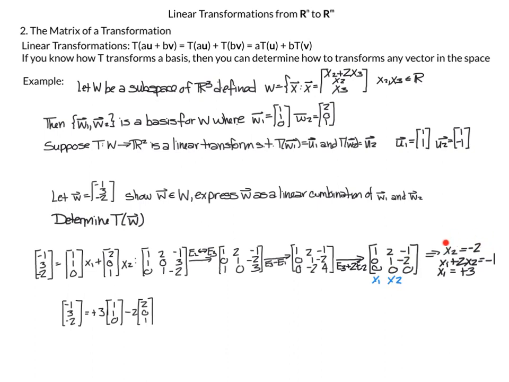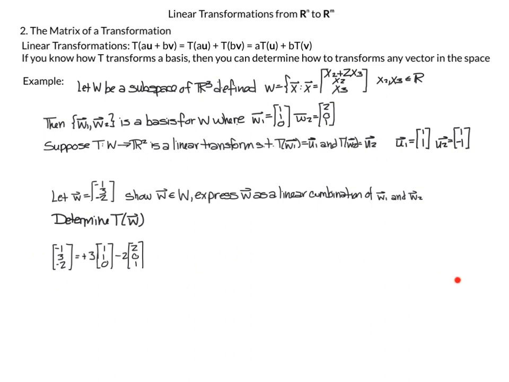In other words, x2 is equal to -2. And here I have 1 times x1 plus 2 times x2 is equal to -1. In other words, x1 is equal to positive 3. So here I have (-1, 3, -2) is equal to 3 times (1, 1, 0) minus 2 times (2, 0, 1). So I have this written as a linear combination of my basis vectors.